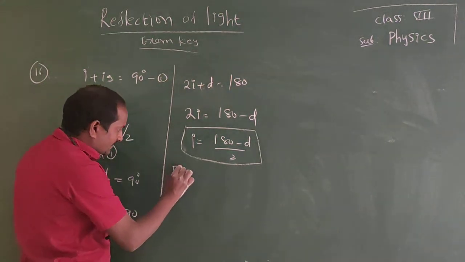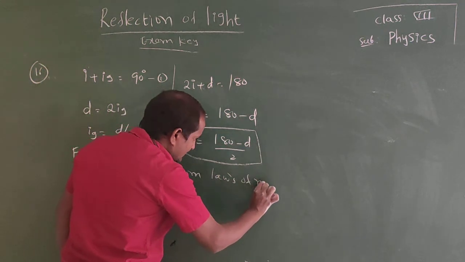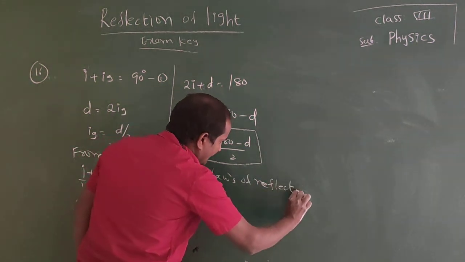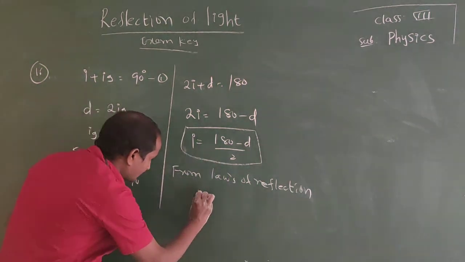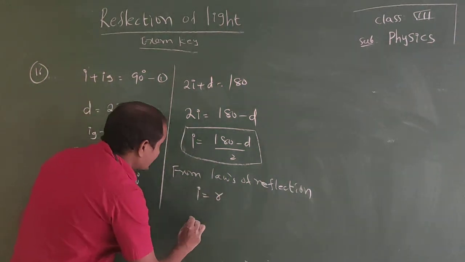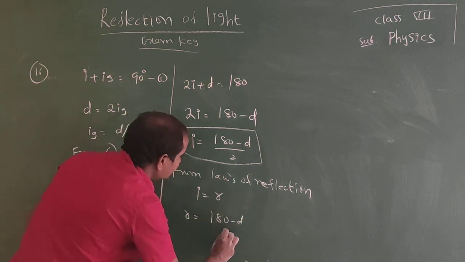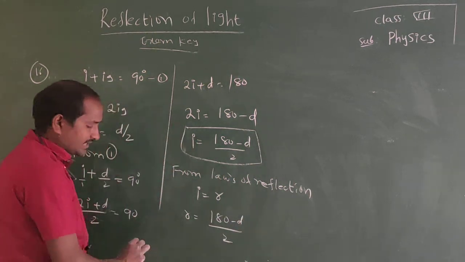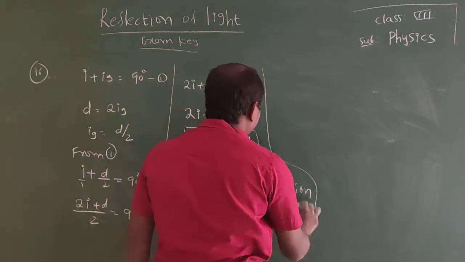From the law of reflection, angle of incidence is equal to the angle of reflection. So I equal to r. Therefore r is also (180 minus d) by 2. Next is angle of glancing, meaning glancing angle of incidence or glancing angle of reflection as you wish.